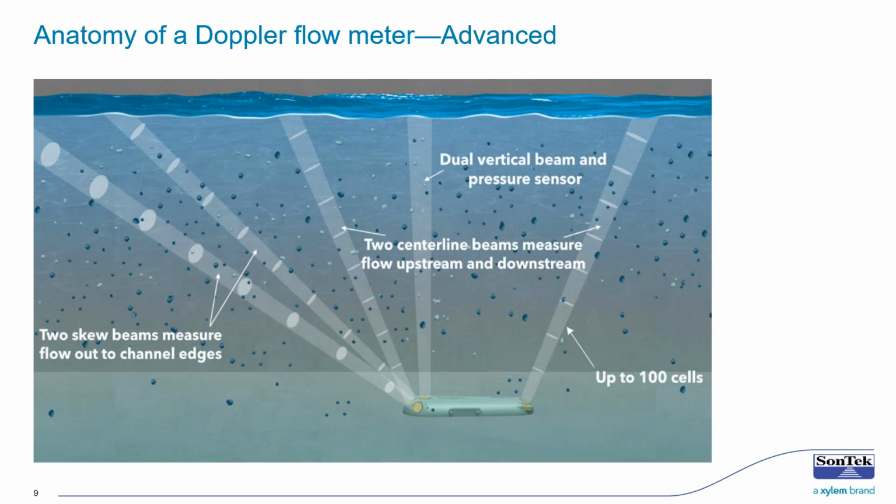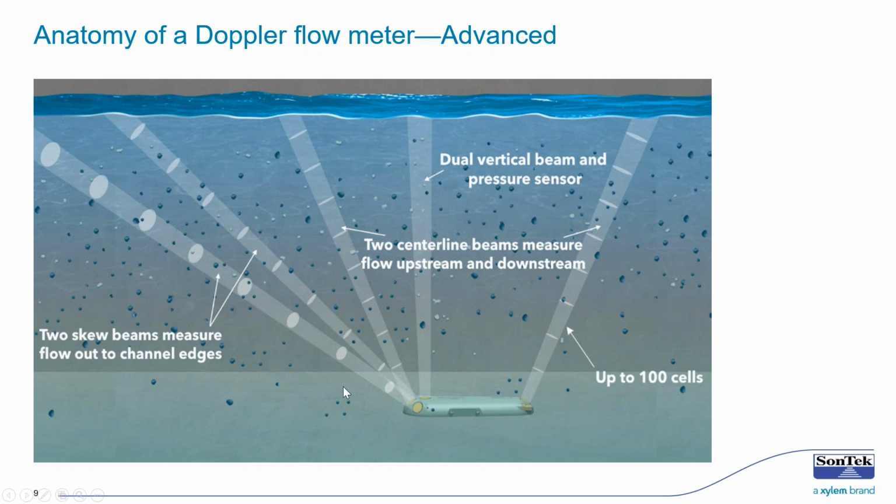So let's move over to the more advanced kind of Doppler system, the Pulsed Doppler system. So you can judge just sort of by the naming that we use that the Pulsed Doppler is different in that it's not a continuous signal, it's a pulsed signal. So what happens is this instrument sends out a pulse of sound and then stops and listens along the same beam at discrete places in the water column.